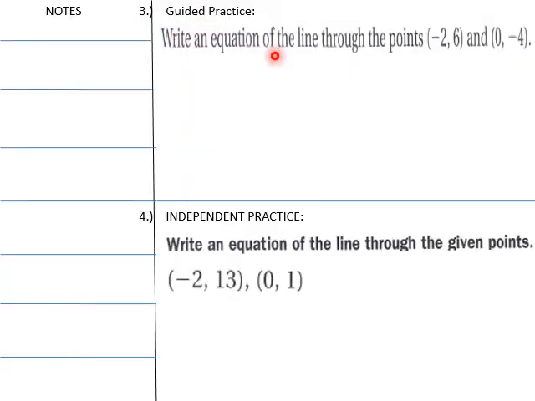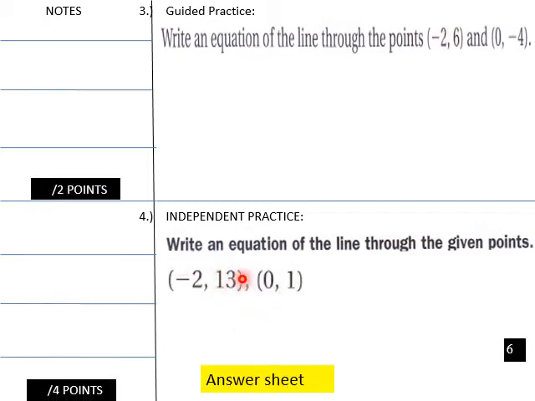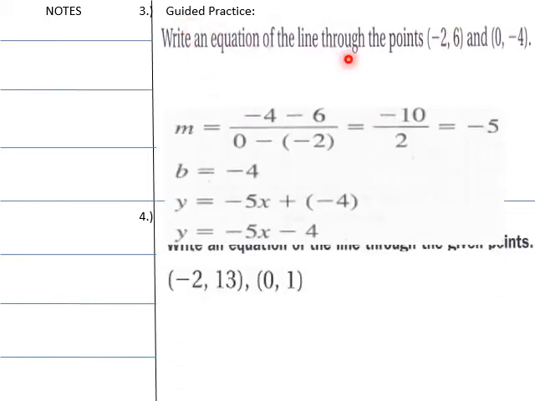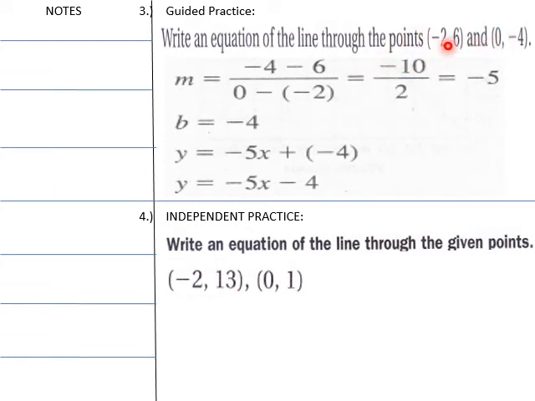Okay, our next guided practice, write an equation of a line through these 2 points here. And students, this is yours down here for your independent practice. So for our guided practice, we've got to figure slope here between these 2 points. Difference of y over difference of x. So we have negative 4 minus 6 over 0 minus a negative 2.